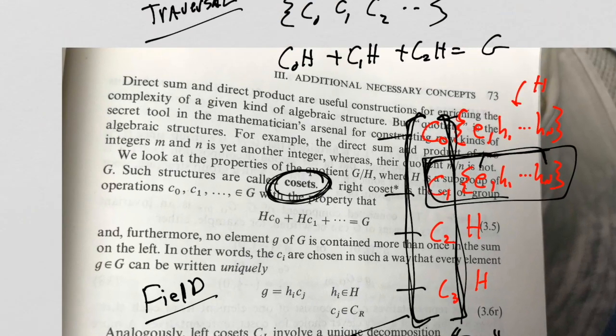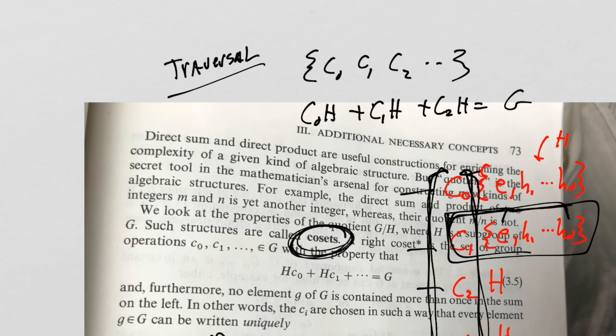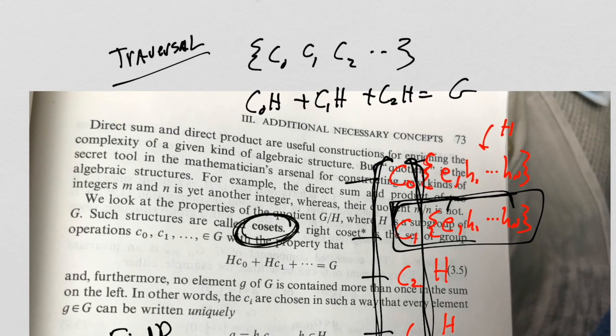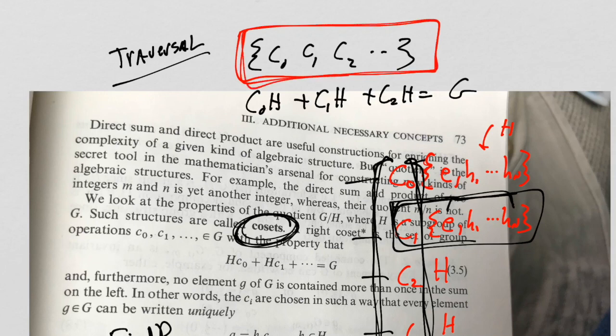But here's the real problem. What's even worse is that not only does he misidentify these cosets, but then he makes the claim, which is basically, to my ears, just bizarre, that you can always choose the elements of what he's calling a coset, what we call a traversal, in such a way.